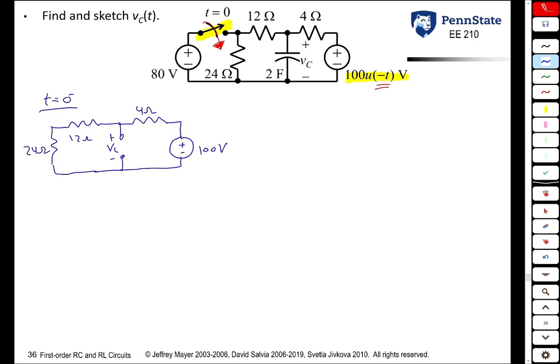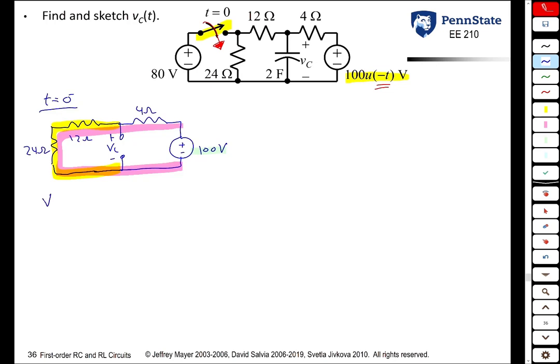100 volt source. To find VC at 0 minus, we could use voltage division. The voltage across the capacitor is that resistance over that resistance times the 100 volts.